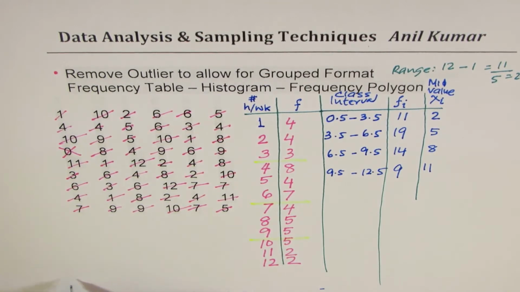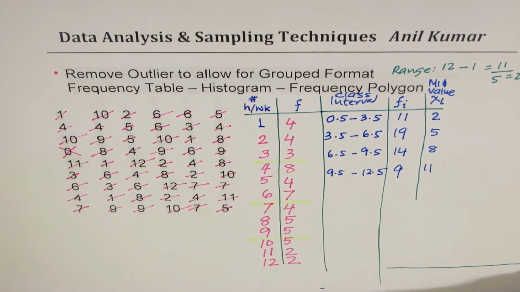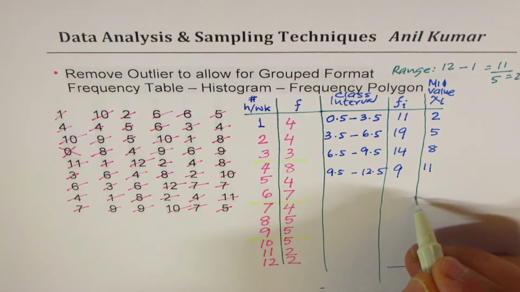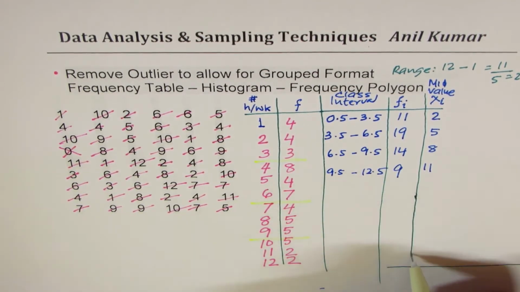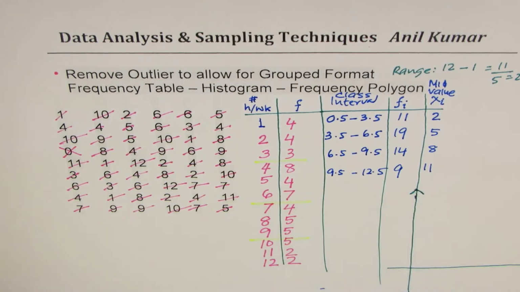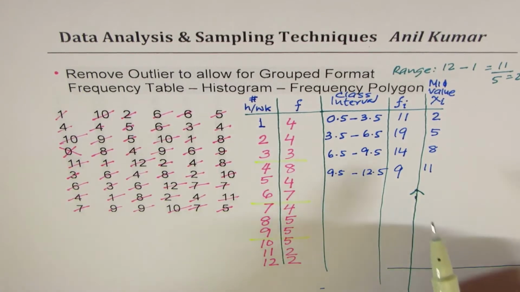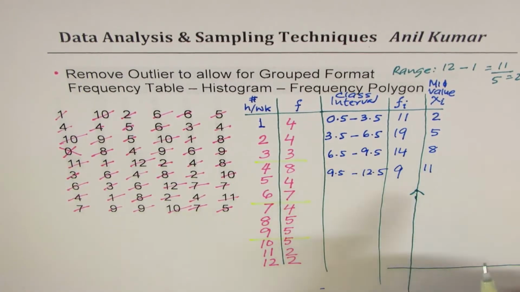So I'll use the space to create the histogram. Or we can make it here also. Okay, let's do it here. So let's create the histogram here. I'll use this line. Now in the histogram, we are looking at representing data up to 11.